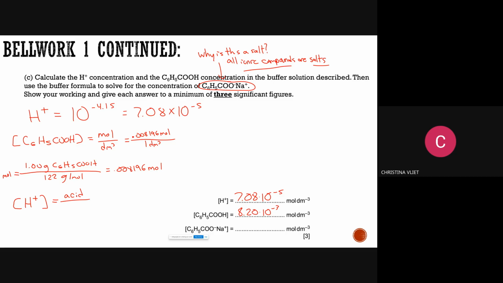So if it's got a metal and a non-metal, technically it's a salt. It would visibly look like crystals. So in that last lab, when you saw the little white crystals that you added, that was a salt that you were adding to make the buffer because it's got the positive and negative charges. Yes? All right.